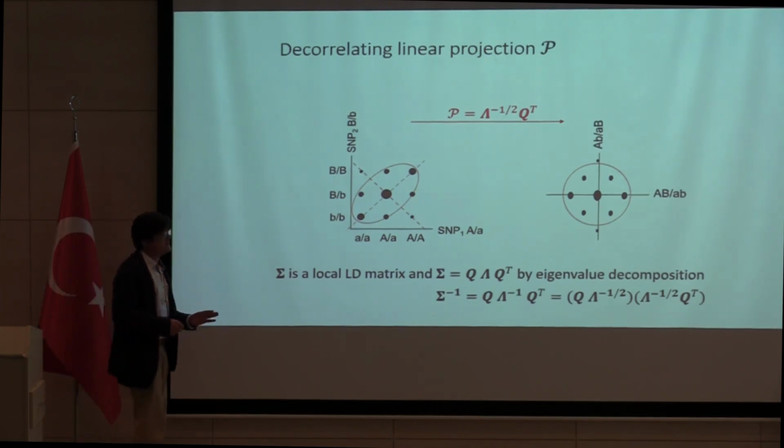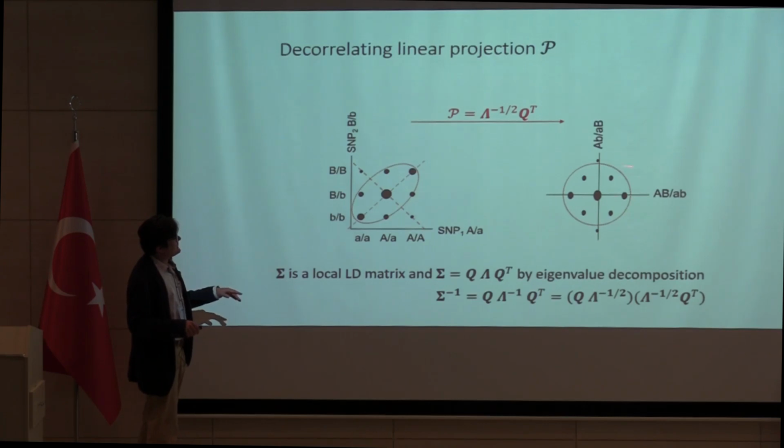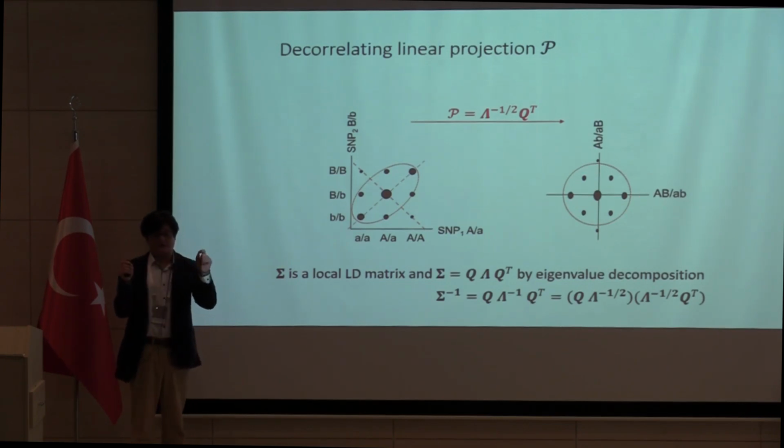But the basic idea is that as soon as I do this orthogonalizing transformation, now every individual doesn't get allelic dosage, but gets a linear combination of allelic dosages. And what I didn't realize is it doesn't only decorrelate allelic effects, but it also decorrelates noise.